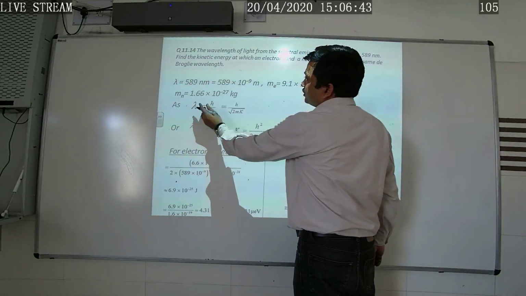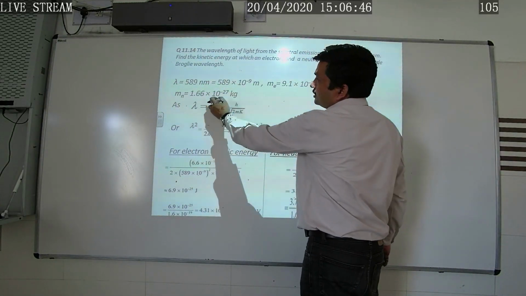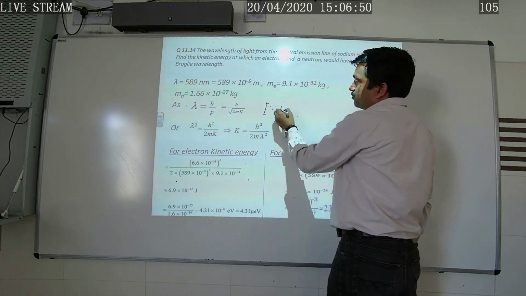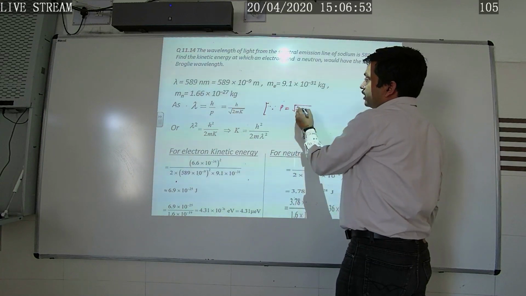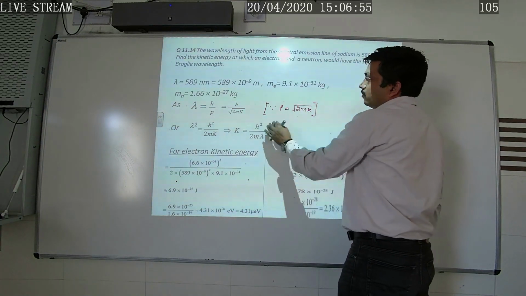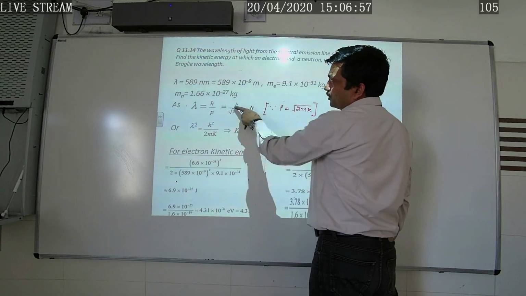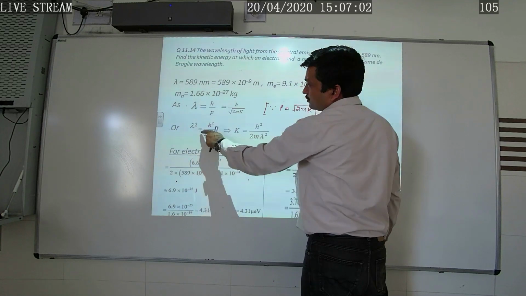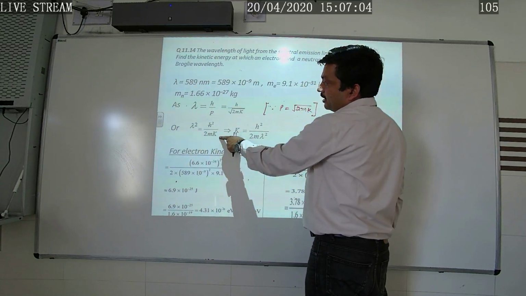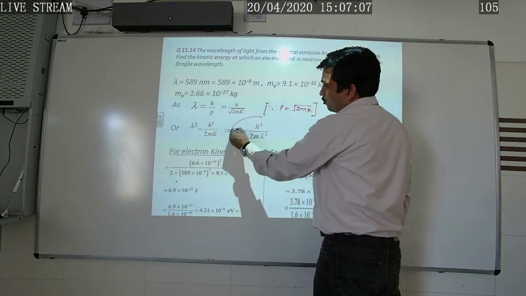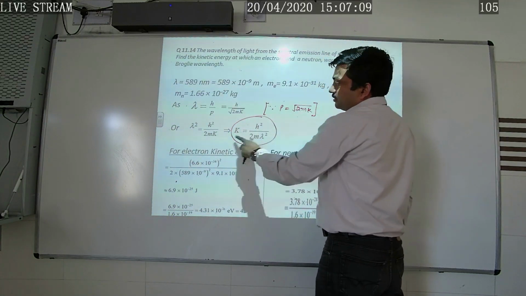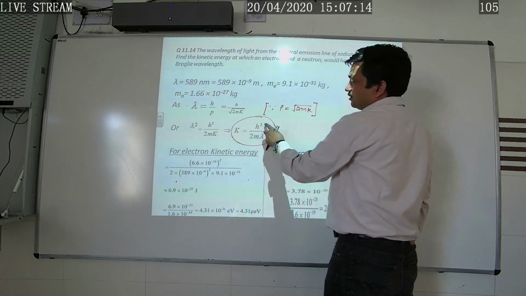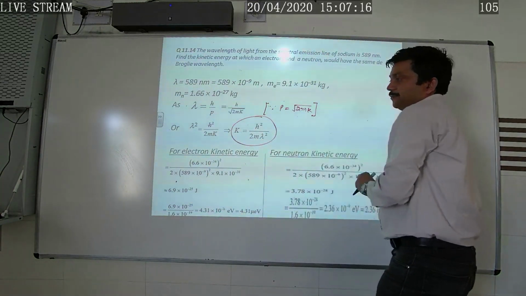The wavelength associated with material particles is lambda equals h by p, where p is equal to root of 2mk, as I have just proved. Putting the value we get h over square root of 2mk. Squaring both sides, lambda square is equal to h square over 2mk, which implies k is equal to h square over 2m lambda square.